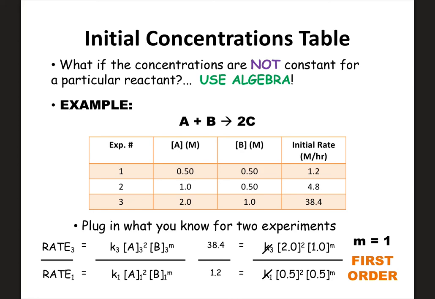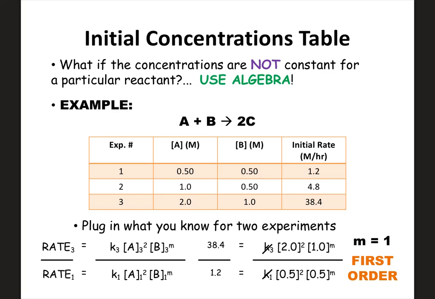Essentially what happens is when you divide the rates, this comes out to be 32. And that would be equal to, when you do the math here, 2 squared is 4, divided by 0.5 squared, which is 0.25. So you have 4 divided by 0.25 is 16.